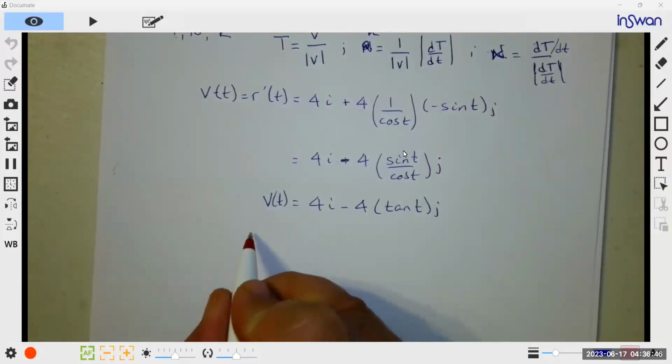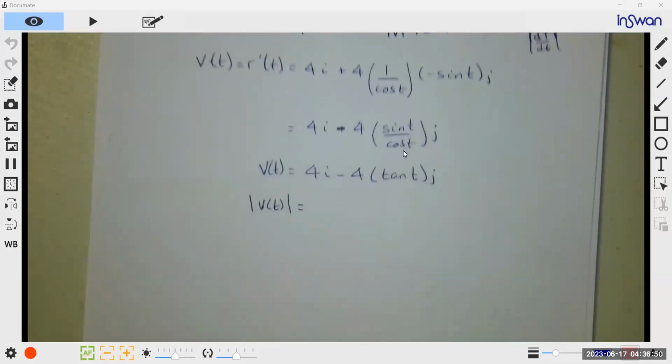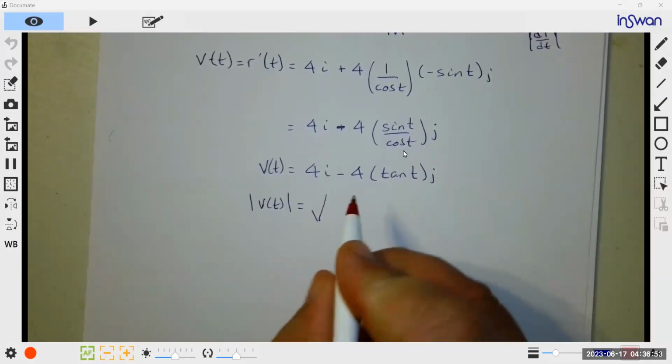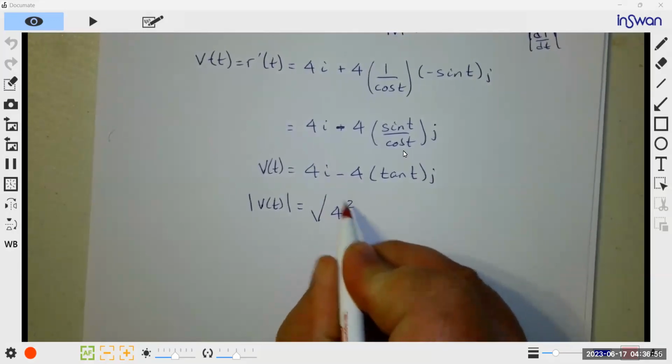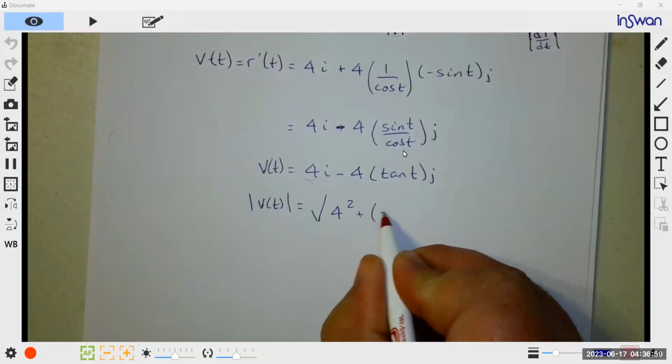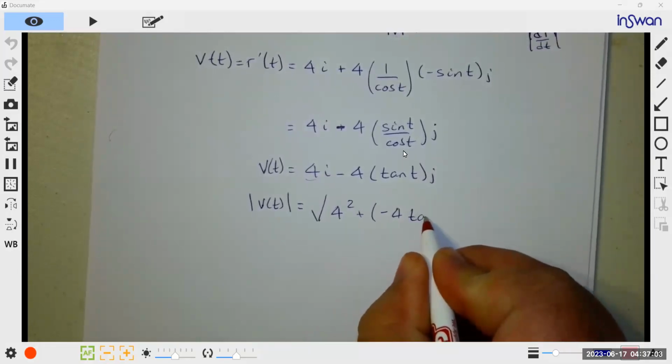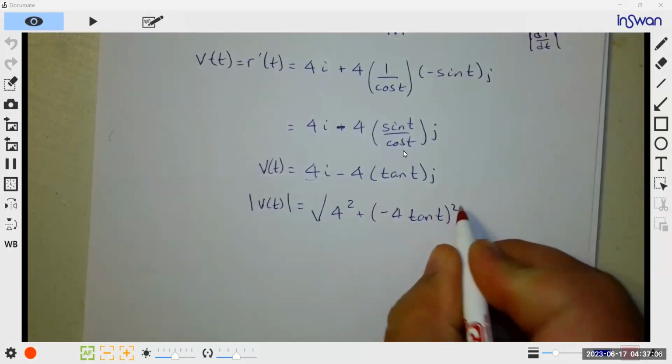The magnitude of v is the square root of 4 squared plus negative 4 tangent t squared.